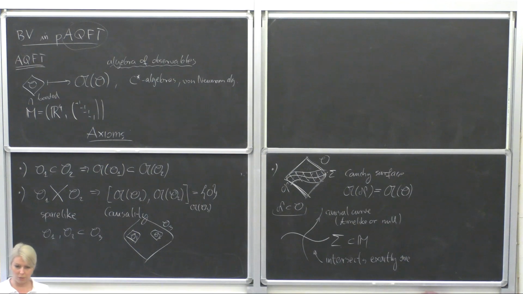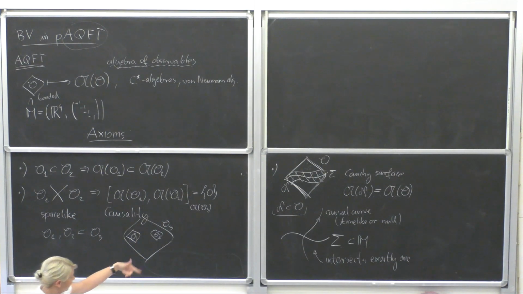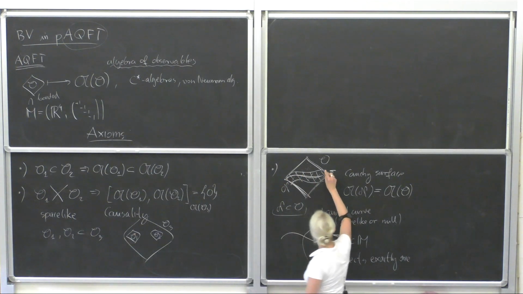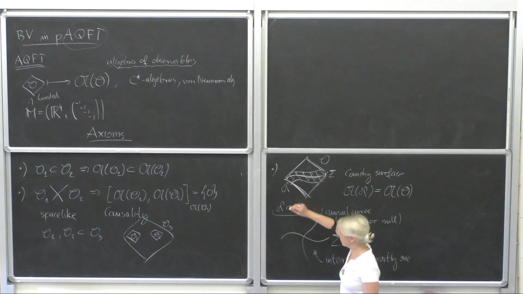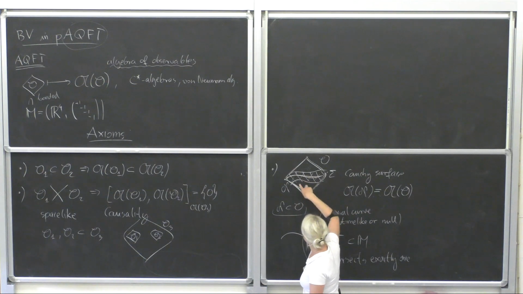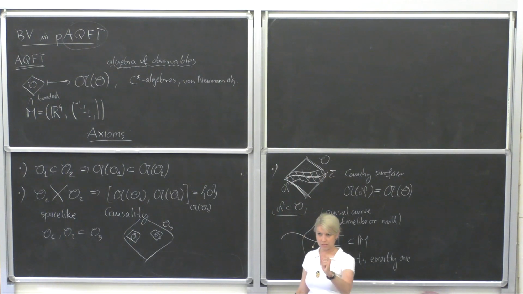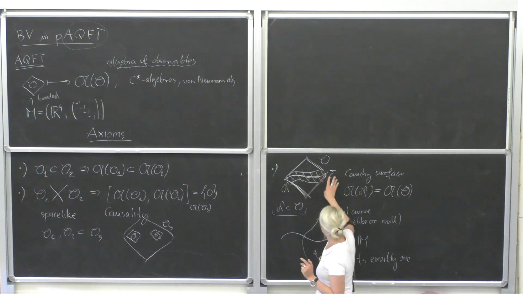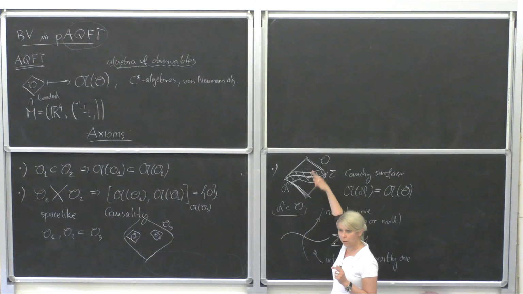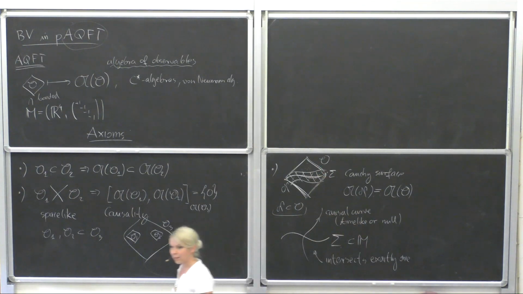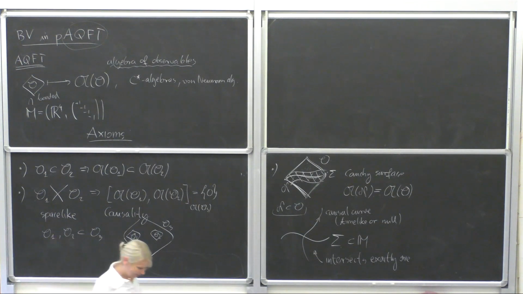So O is a subset of M, and sigma is the Cauchy surface for O. Every causal curve contained in O intersects sigma exactly once. So obviously, if you take the complement of sigma in O, it will be disconnected. That's perfectly fine, there's no problem with this. Okay, now I understood.